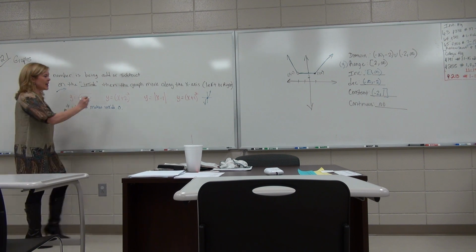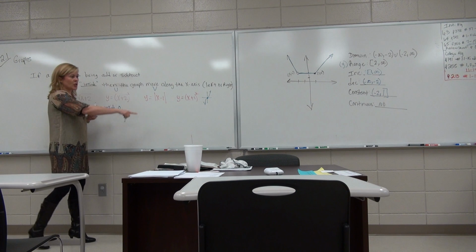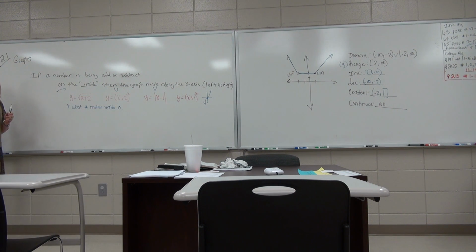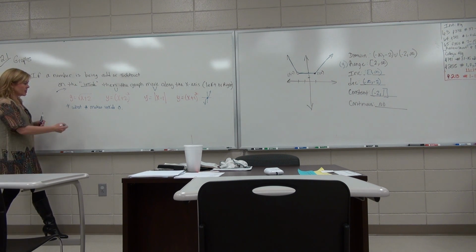We know that the quadratic is normally a U shape. We know the absolute value bars is a V shape. And of course the cube basic one is that squiggly. You with me there? So let's look at these. I'm going to draw them real quick right underneath so you know exactly what you're doing here.